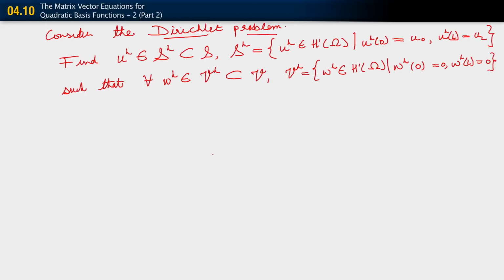All right, find u^h belonging to S^h such that for w^h of this form, where you note that S^h and V^h are different looking spaces because they have Dirichlet boundary conditions at both ends.